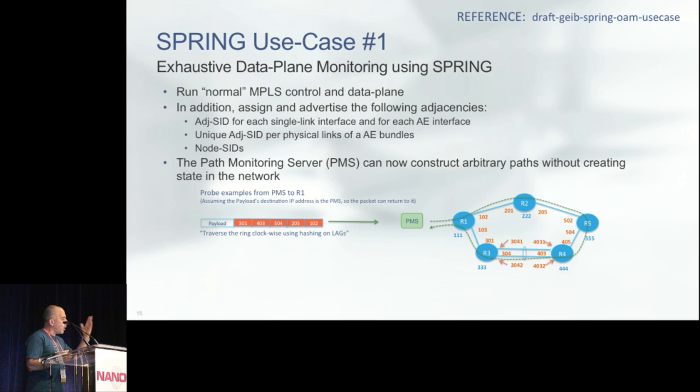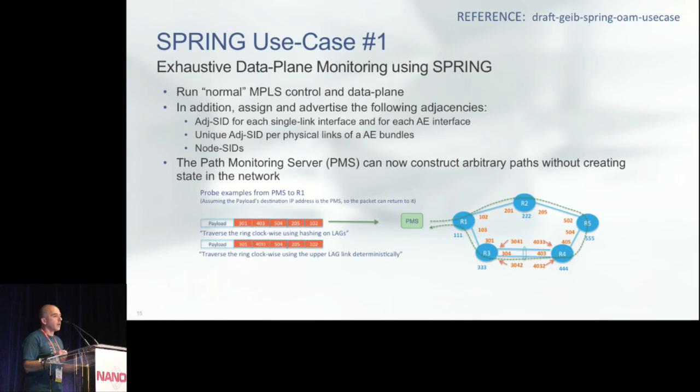The segment routing approach to this would be, I craft a packet like this, and this packet says, hey, traverse that ring in a clockwise direction, and in this particular stack of segments, I don't care about which link of the bundle I exercise, just go ahead and use the vendor's load balancing algorithm, and the packet gets through.